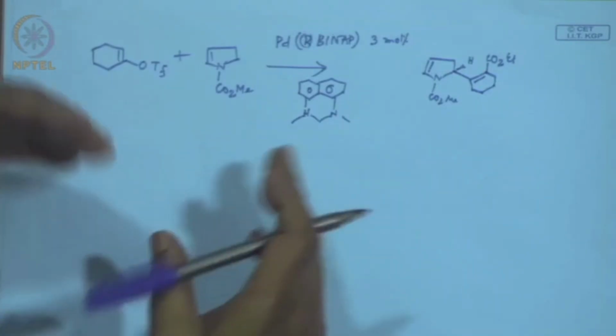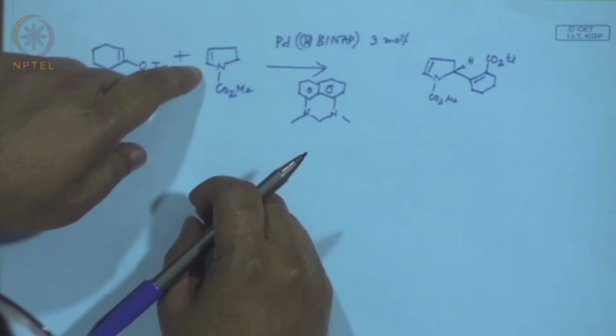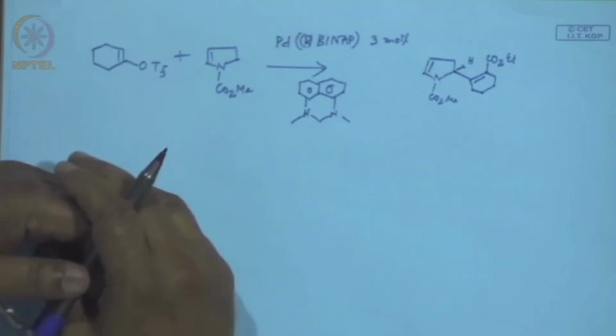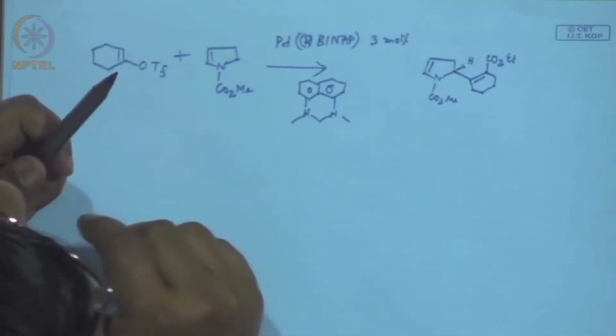Normally the Heck reaction gives an alkene, that means the alkenyl hydrogen is substituted, so we would have expected the reaction on this side with a conjugated double bond, but what you see here is a deconjugated double bond, primarily because of a step in Heck reactions.